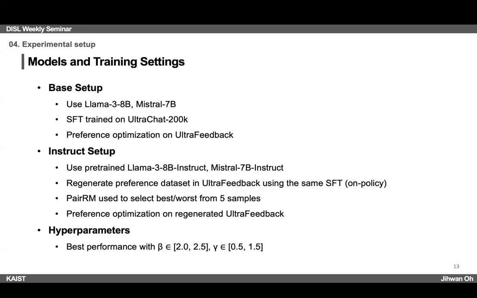Here, PairRM means an external reward model. Finally, they report that tuning hyperparameters is crucial for SimPO, and they recommend setting beta between 2 and 2.5 and gamma between 0.5 and 1.5.